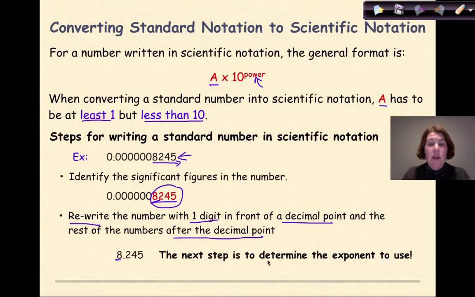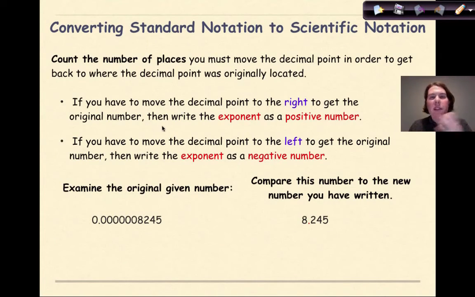The next step here is to determine the exponent to use. Now we're at the point where we need to figure out what is the exponent that we're going to use. So we're going to start out by counting the number of places you must move the decimal point in order to get back to where the decimal point was originally located.